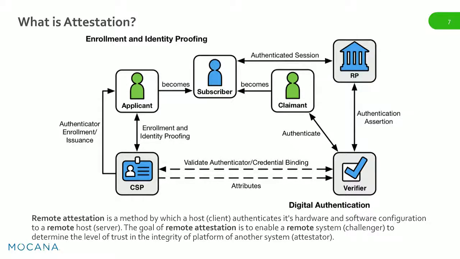So local attestation is absolutely critical in validating that the identity or the element of identity being presented is indeed what they say it is. So it's not spoofed, it's not stolen, it's not already used someplace else, et cetera.